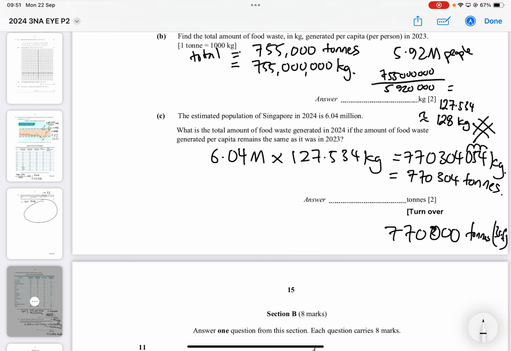So spend some time, read, understand what the question wants you to do. If you understand what they are asking, actually, the calculation part is simple. Okay? Data question is always like that. So spend some time, read and understand what they actually want you to do.